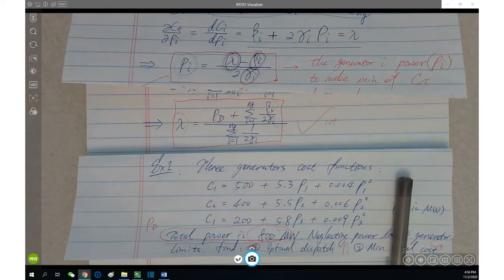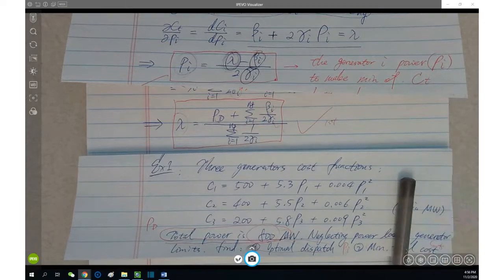Are the cost functions in terms of megawatts? I gotcha.